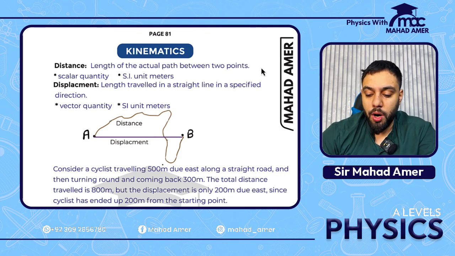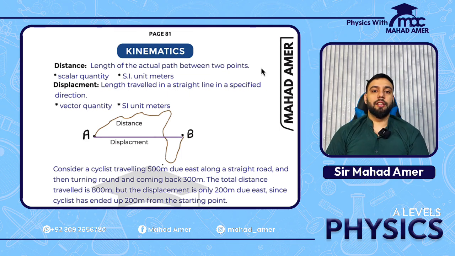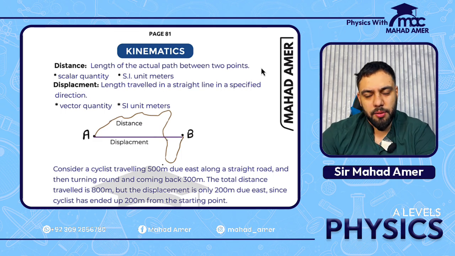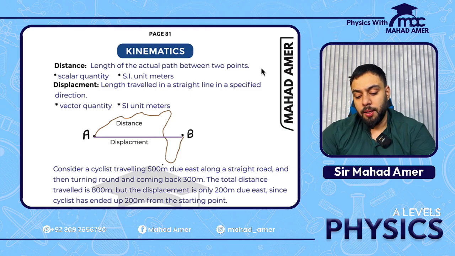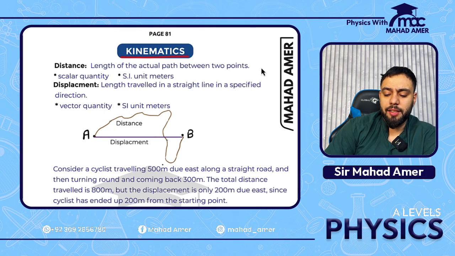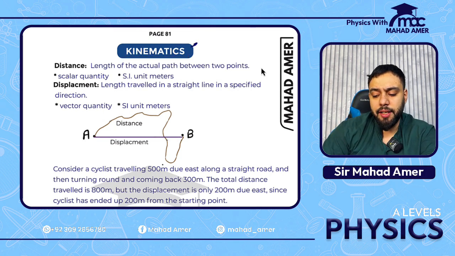Starting off with what is kinematics or what is motion, because we have to discuss it. It's a very vast part of our first mechanics chapter. When it comes to kinematics, we all know that generally kinematics is a study of motion.